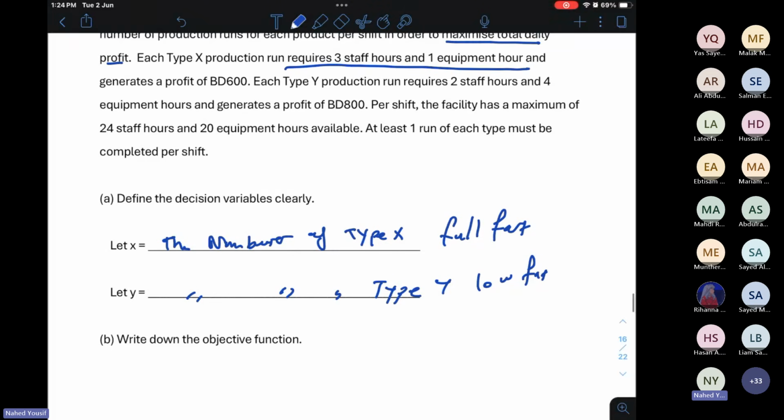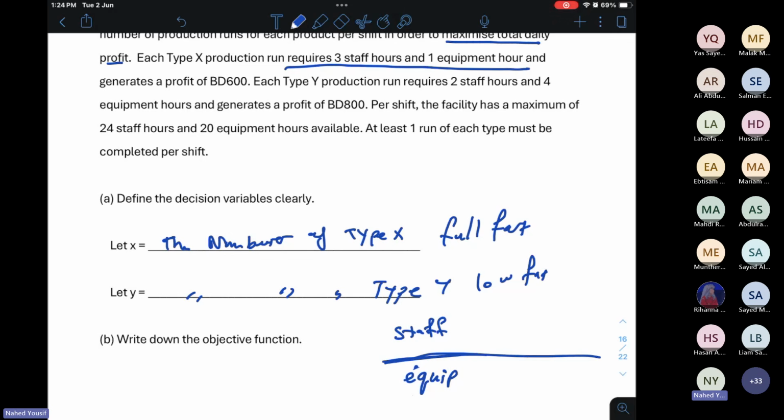So we have to separate both of them as we did in the example.